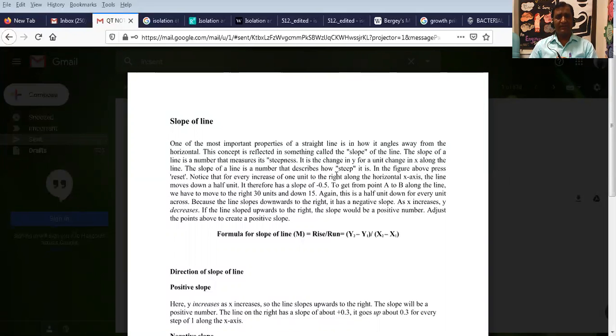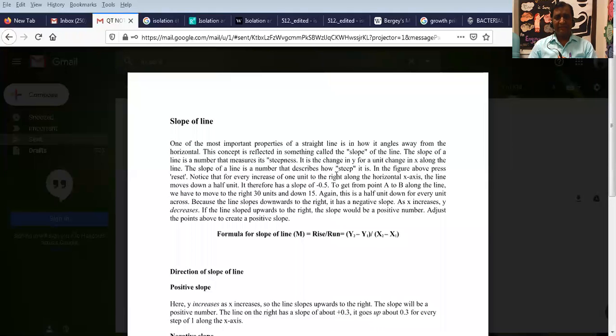The slope of a line is a number that measures the steepness or flatness of the line. It is the change in y-axis for a unit of change in x along the line. The slope of a line is a number that describes how steep it is.